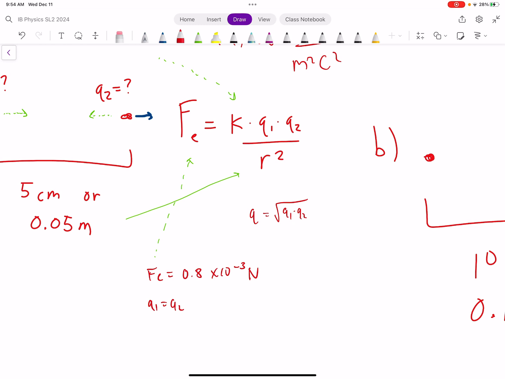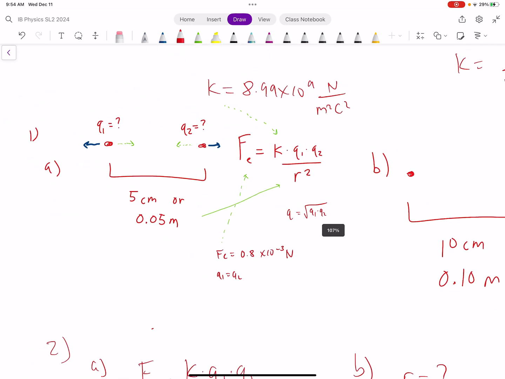If you think about it, this is true because they're the same number. Like 2 times 2 is 4, and the square root of 4 is 2. So whatever you get for Q1 times Q2, you're going to square root it.